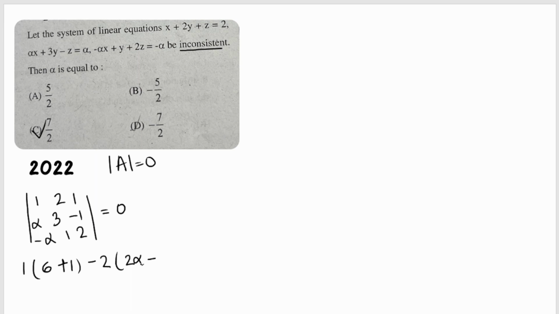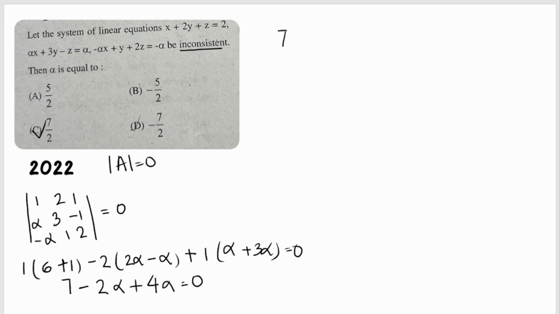So minus 2 alpha minus alpha will be plus 1 into alpha minus alpha minus 3 into minus alpha, that will become plus 3 alpha equals 0. We'll have 7 minus 2 alpha plus 4 alpha equals 0.